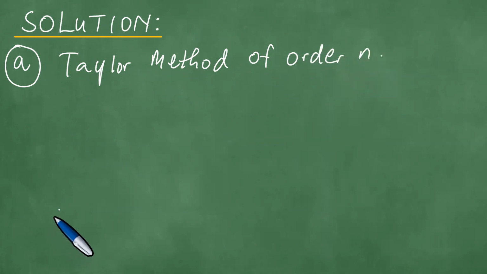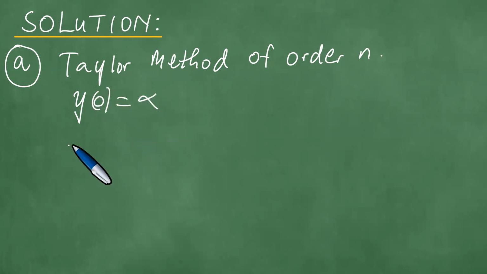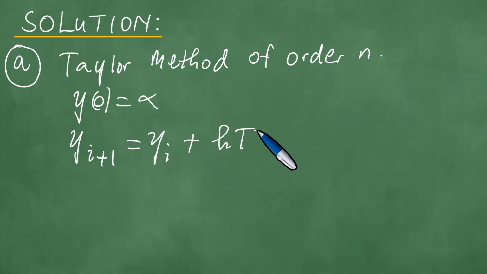All right, now what do we have here? We write the formulas first, and that is the practice, and we're going to maintain that. So we're going to say, for instance, y at 0 is alpha, and then y_{i+1} is actually the same as y_i plus h T to the power n of x_i, y_i.